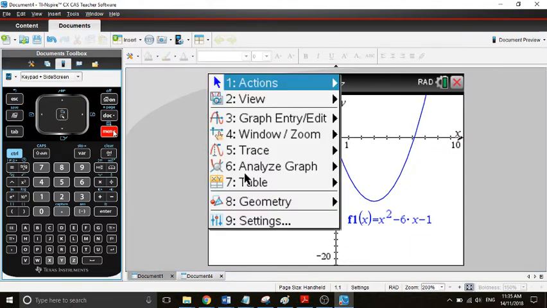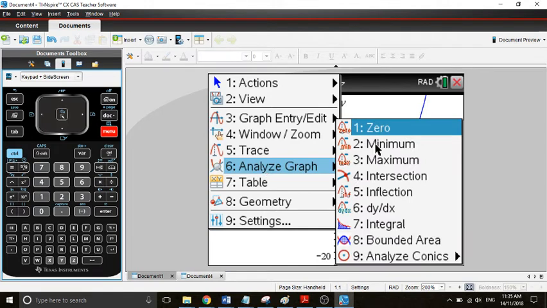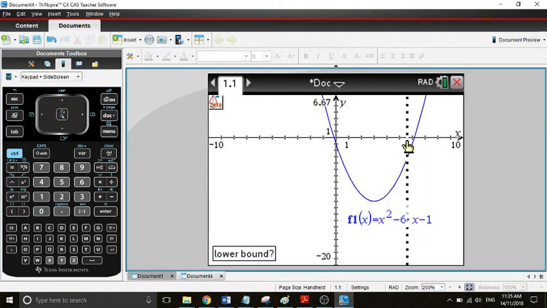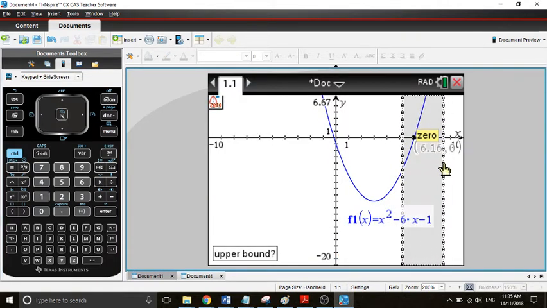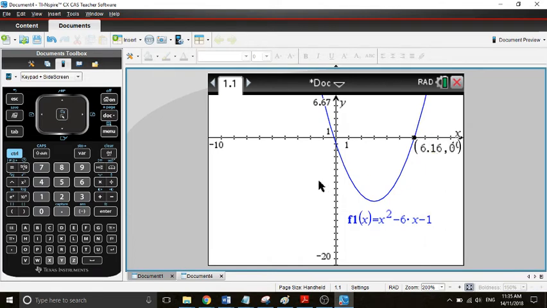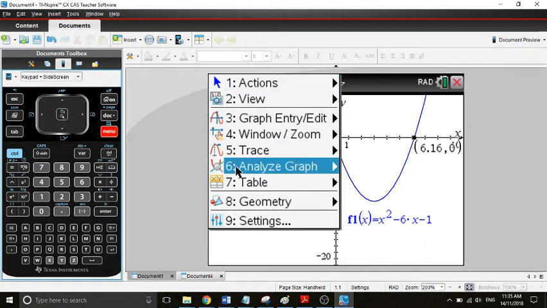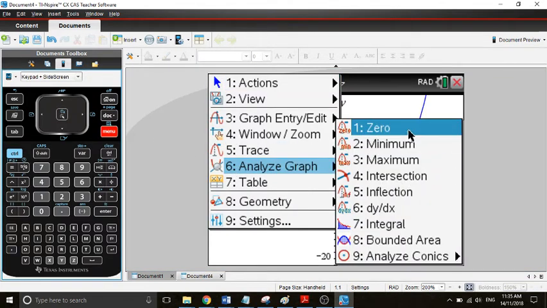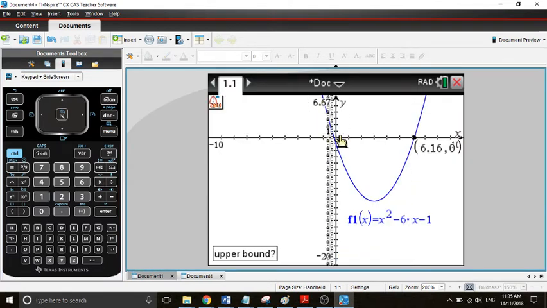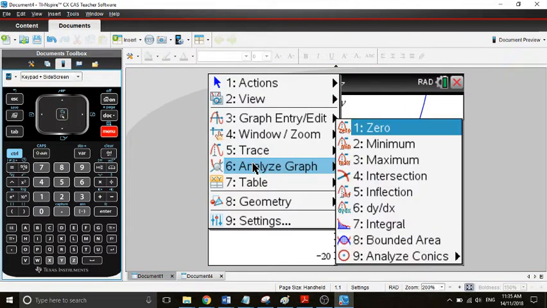So menu, analyze graph, zero, that's where our function equals 0. Upper boundary and lower boundary, and it happens at 6.16 and 0. Then again, menu, analyze graph, zero, where our function equals 0, upper boundary, lower boundary, -0.162 and 0.